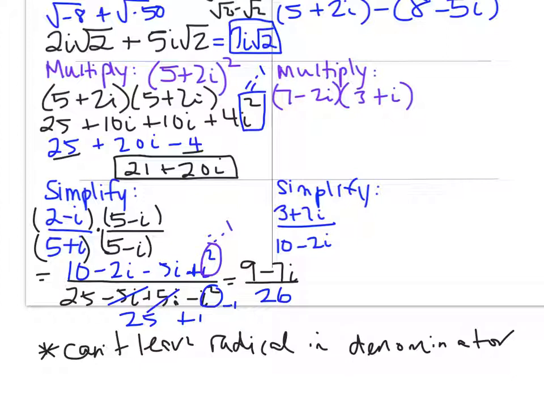The only other thing I would do, since I got rid of the radical in the bottom, is look at the 9, the 7, and 26, all the coefficients, and see if I can reduce it, the way I would reduce any fraction. But nothing goes into all 3 of those, so that's in simplest form.